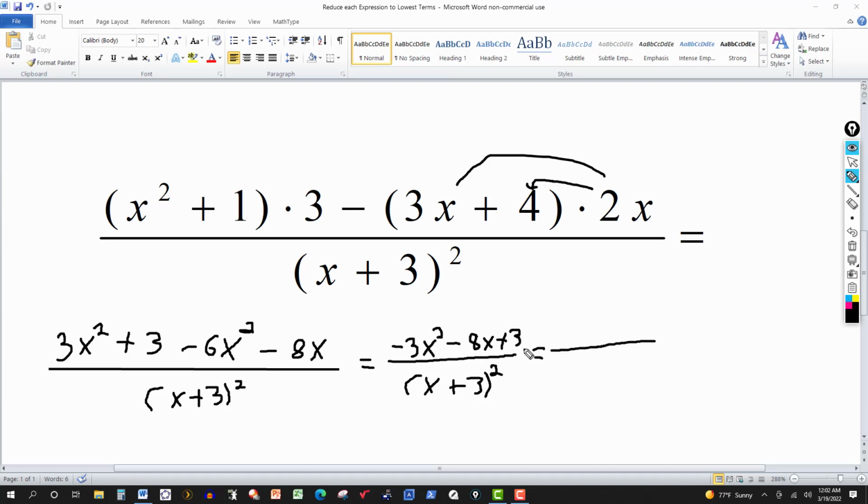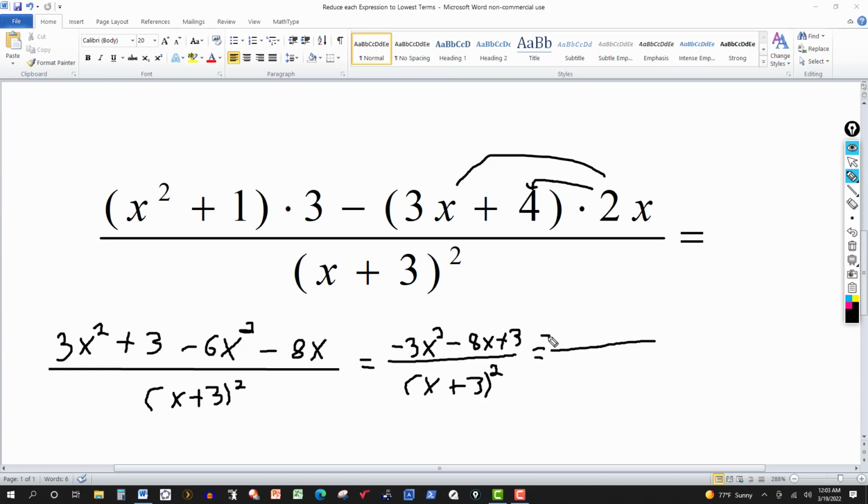And then in the numerator we have a trinomial. So the best thing to do when you have a trinomial, if the coefficient of the squared term is negative, I would factor out a negative 1 or whatever else you can factor out, but for sure I'd factor out a negative 1. And in this case, that's all I can take out.